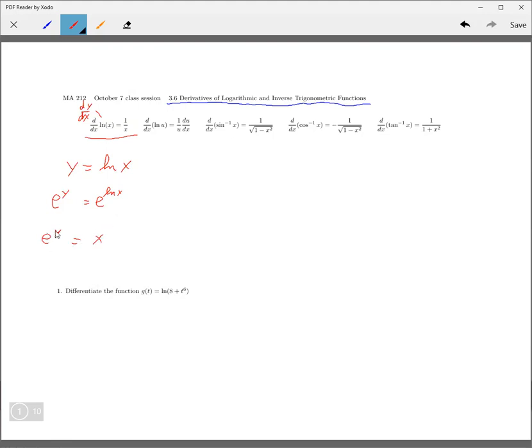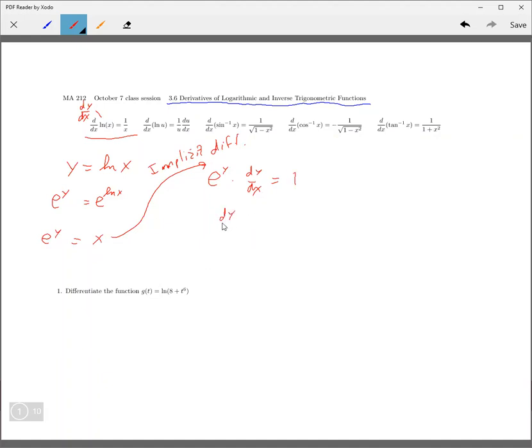So we get to there. Now, what you're going to do here is implicit differentiation. So we're taking the derivative with respect to x. The derivative of this side is e to the y times dy dx. E to the y is e to the u, so the derivative is e to the u times du dx, and the derivative of this is just 1.